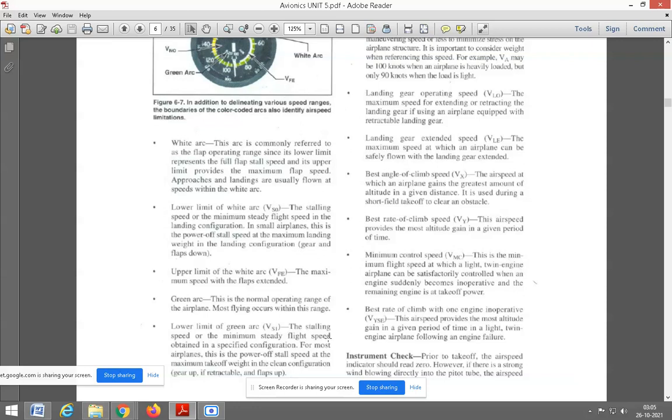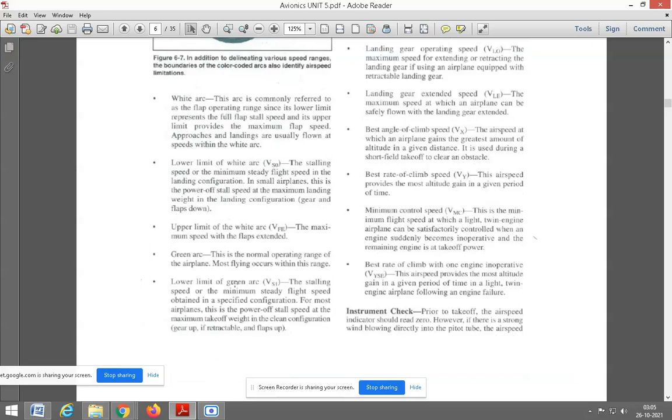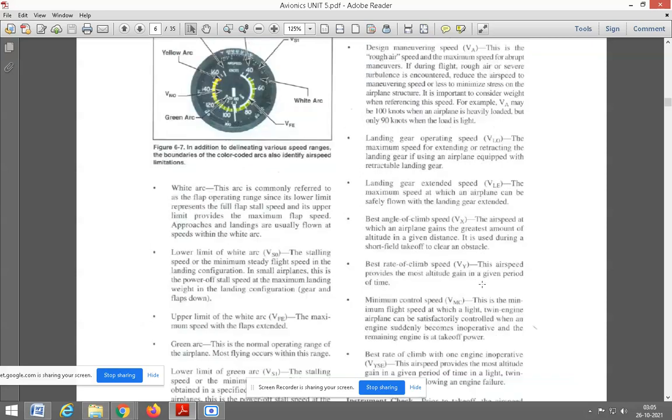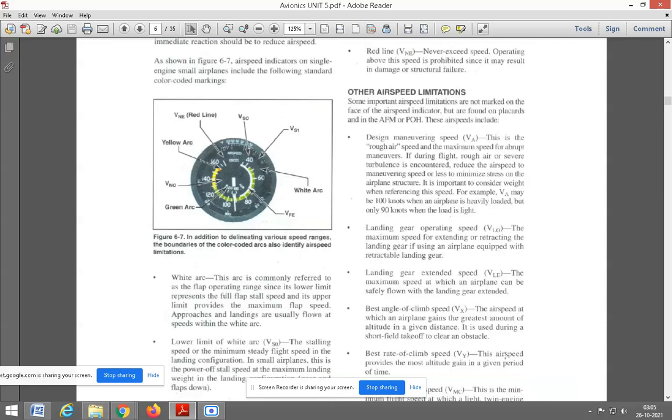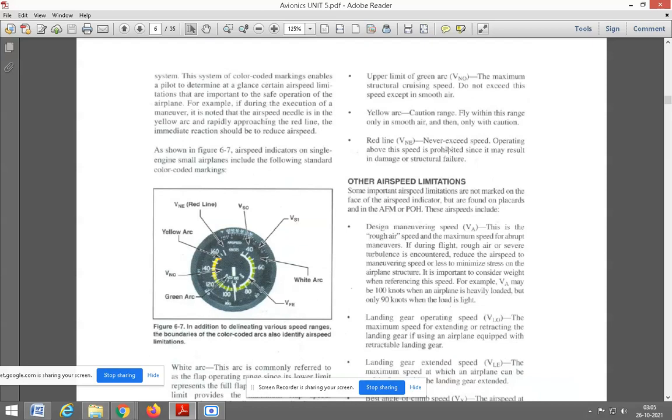The lower range indicates the same stalling speed or minimum steady flight speed in the specified configuration, that is, in the flying state. But the white arc is the ground state. The upper limit indicates the maximum speed in the flying mode.